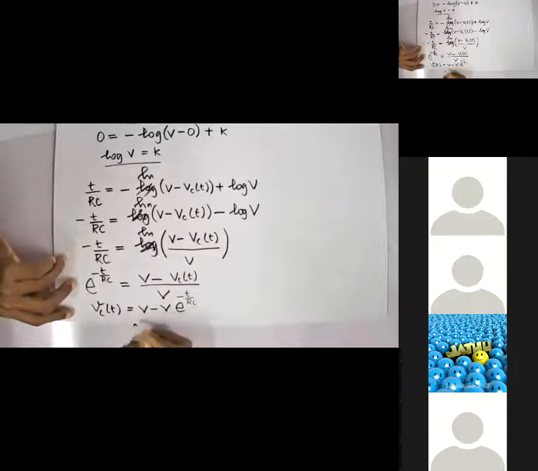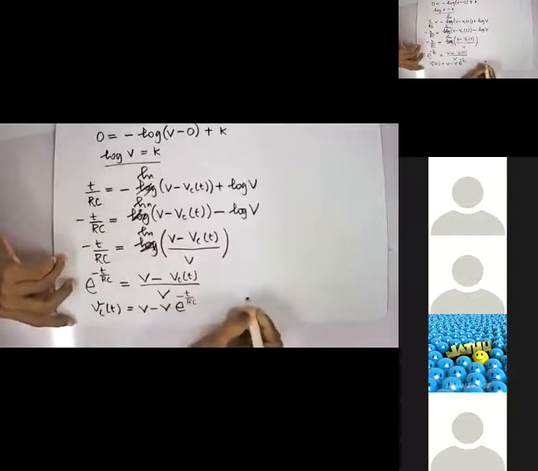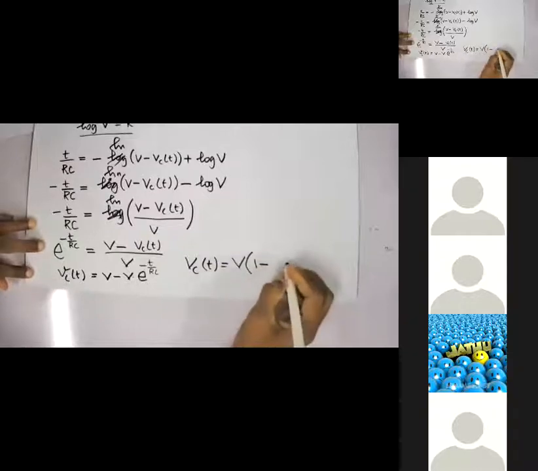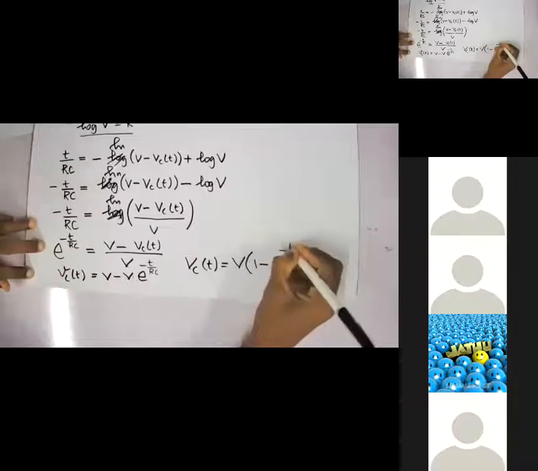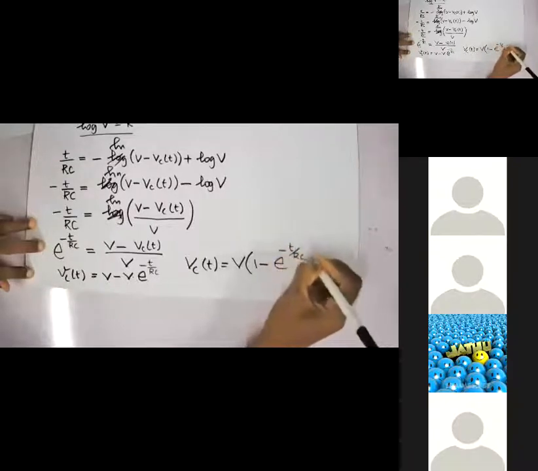Again, I can take V as common, so I can write VC of t equals V into 1 minus e to the power minus t by RC.